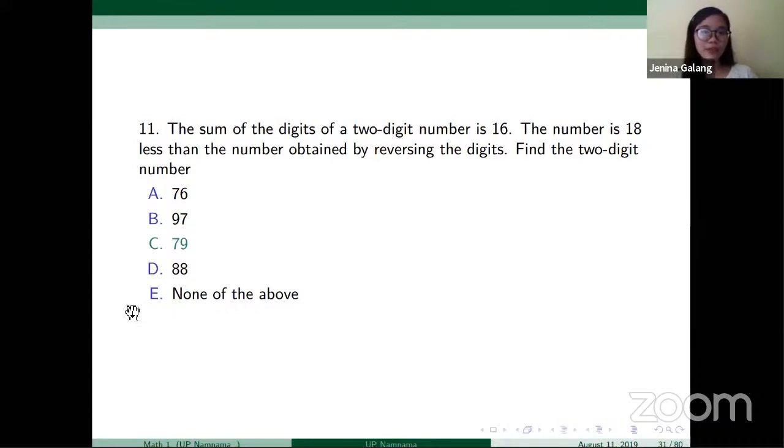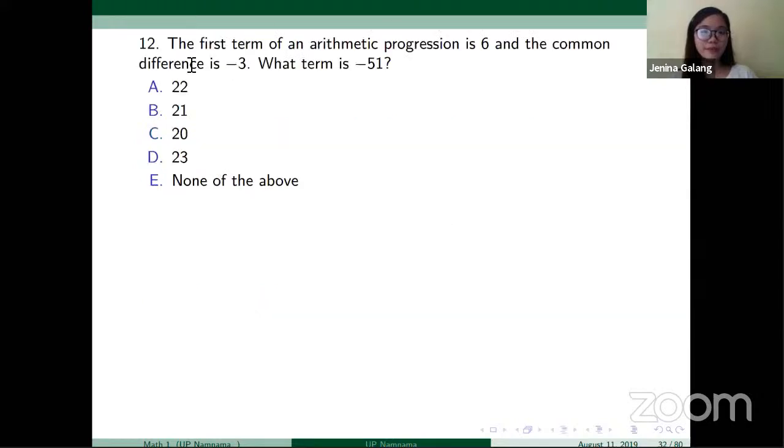So, next problem. The first term of an arithmetic progression. What term is negative 51? So, gagamitin natin yung formula ng arithmetic progression.